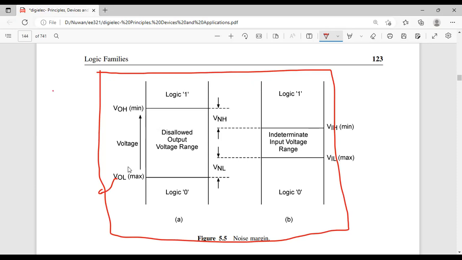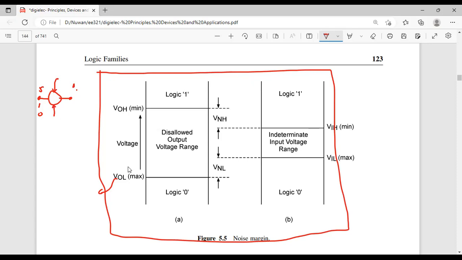If you consider any logic gate and you give a voltage here for 1 or 0, let's say you give 5 volt for 1, the output may be less than 5 or greater than 5, because these are active devices providing some current.